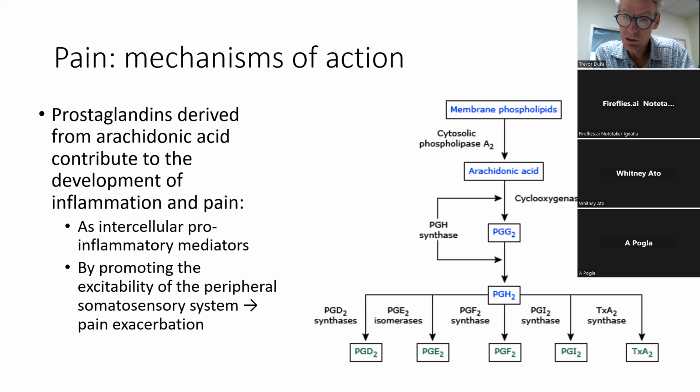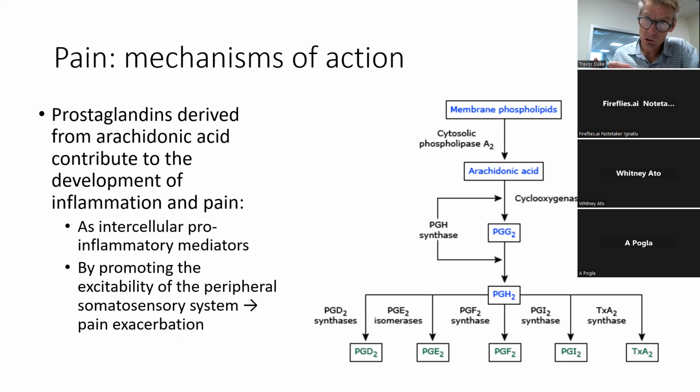That's through the cyclooxygenase pathway. So membrane phospholipid damage leads to release of arachidonic acid through the cyclooxygenase pathway, leading to the production of a range of different prostaglandins, some of which mediate pain.